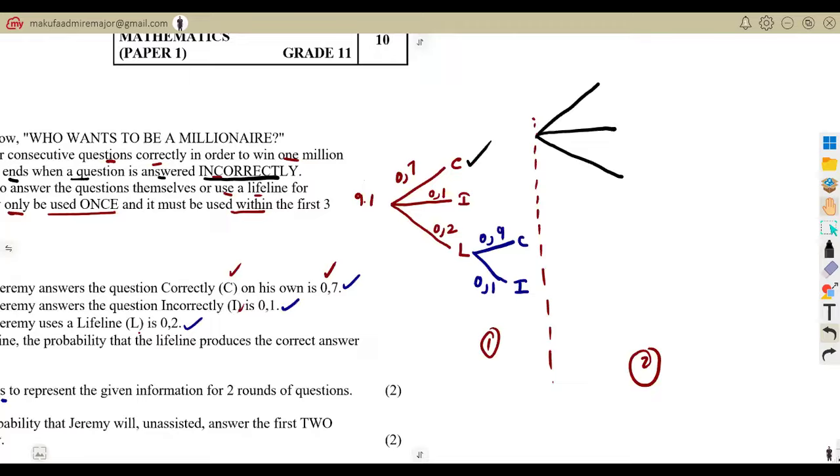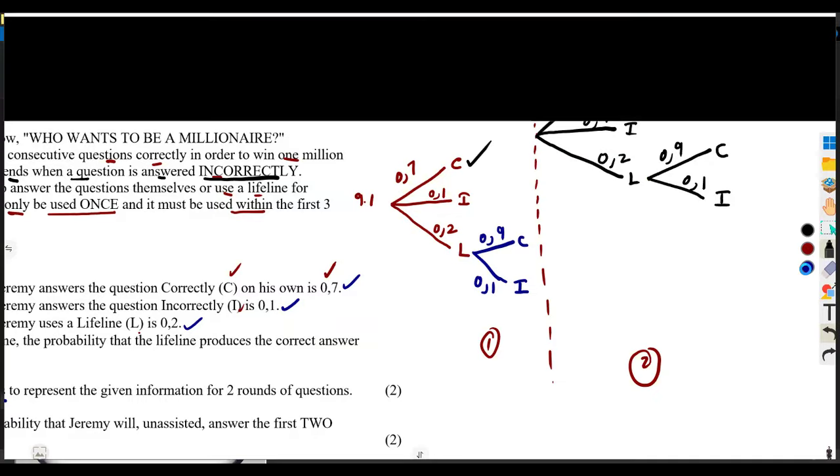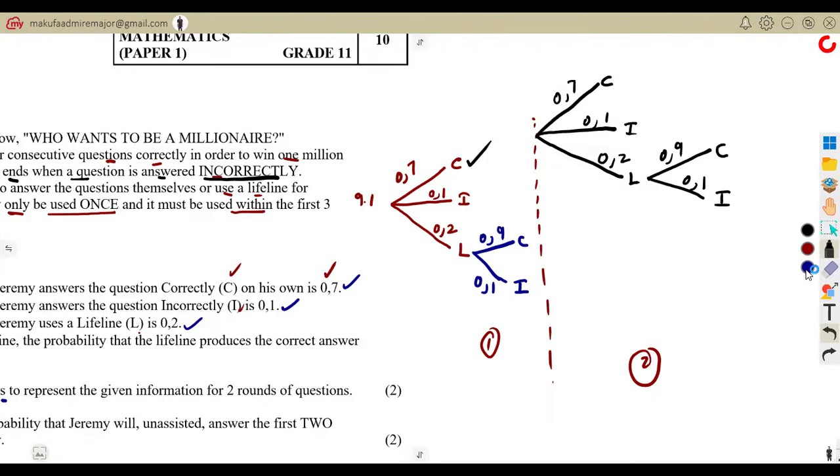From there, he can answer or use a lifeline. But knowing that once we use a lifeline, it does not change, the probability will be correct or incorrect. These values are fixed. The probability of being correct is 0.7, 0.2 for the lifeline, and being incorrect, just like before, is 0.1. So this is how it's going to be on the second part, because it is a continuation from the correct value.